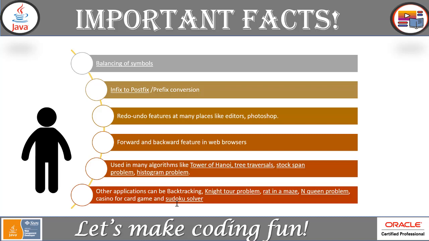Important facts: stack is one of the most important and popular types of linear data structure, which is used in many real-time practice projects and applications, such as balancing of symbols, infix to postfix and postfix to prefix conversion, and undo-redo features in editors, Photoshop, and forward and backward features in web browsers. It is used in many algorithms like Tower of Hanoi, tree traversal, stock span problem, histogram problem, and backtracking, knight's tour problem, N queen problem, card game applications, and Sudoku solver.